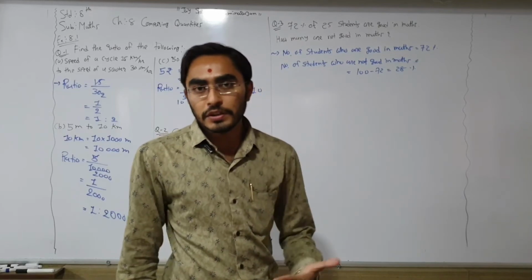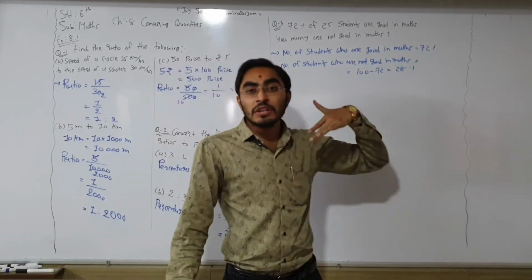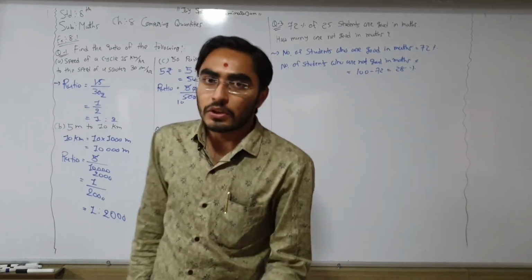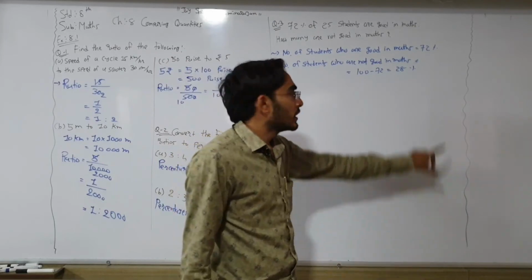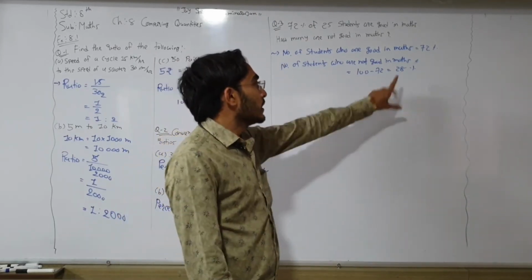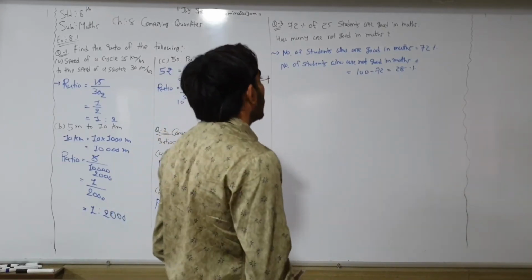Now we need to find the exact number. This answer is in percentage, but we need to find the exact answer. How many students? So for that we need to convert this percentage into actual number.